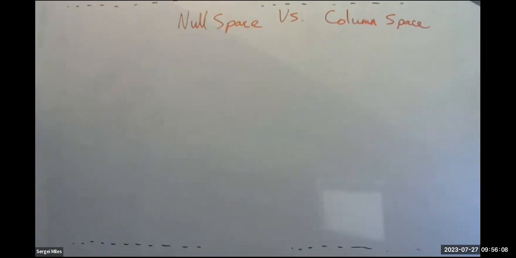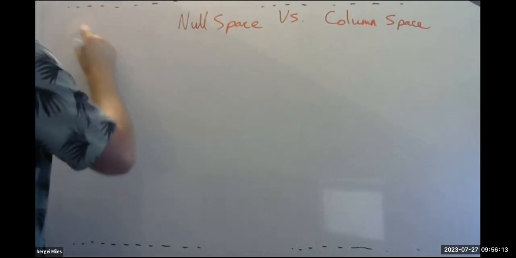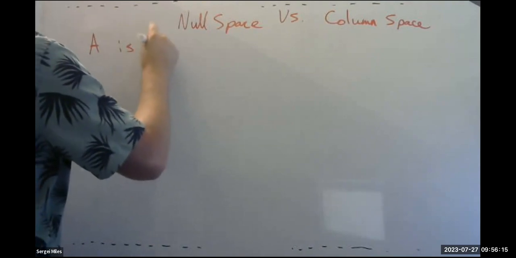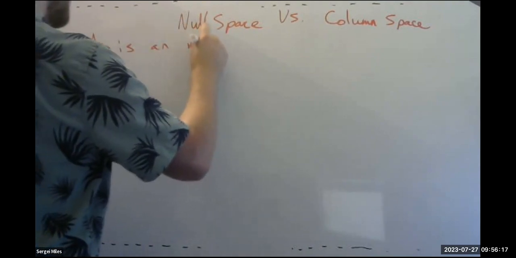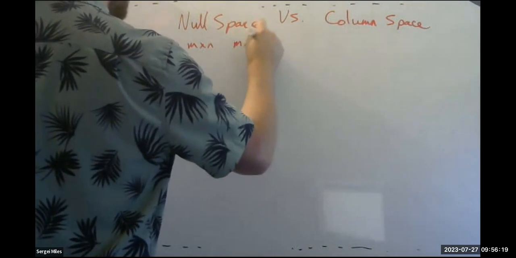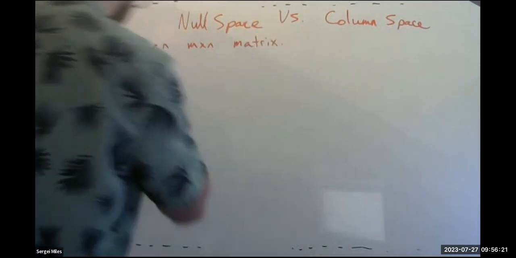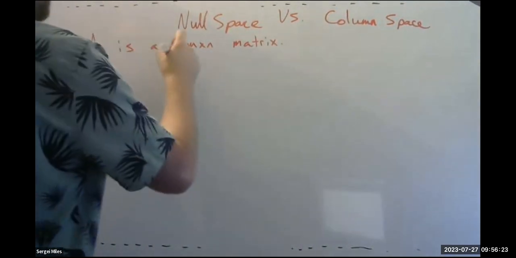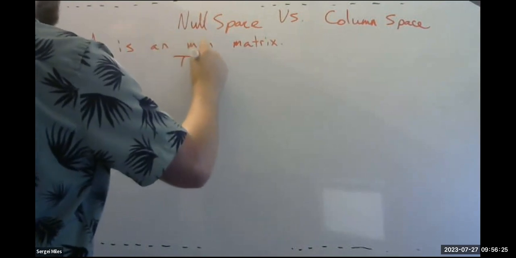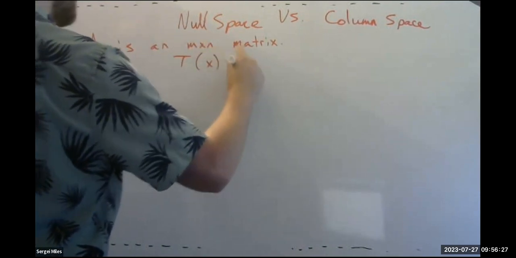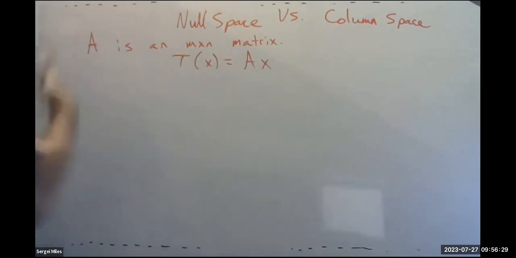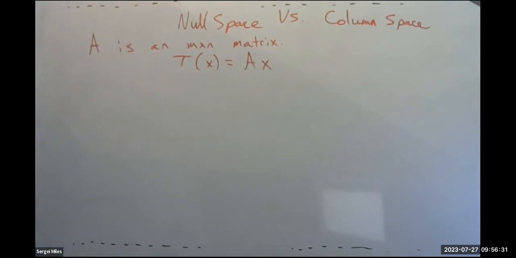All right. Well, first of all, like we said earlier, let's say A is an M by N matrix. Then we can say T is the transformation on X, which multiplies A times X. A is the standard matrix, right?